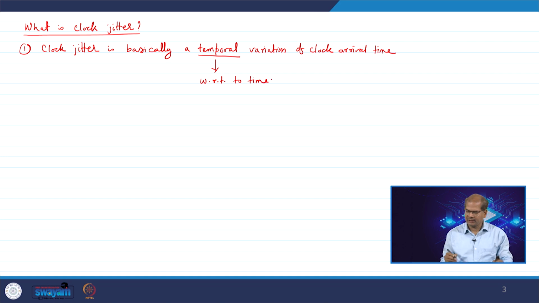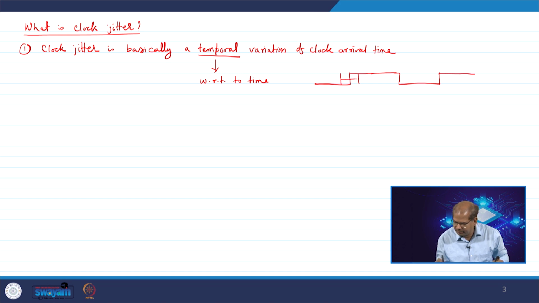The arrival time is the clock, ideally let us say the clock arrives here, but it can arrive any time between this and this. So, it has a band of time interval in which it can arrive. This is called jitter.